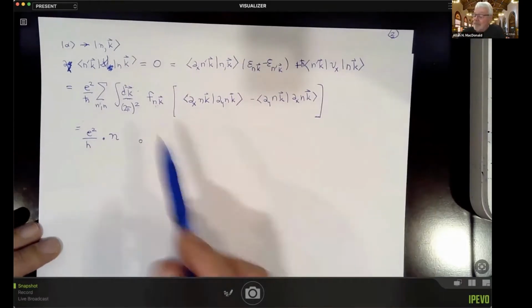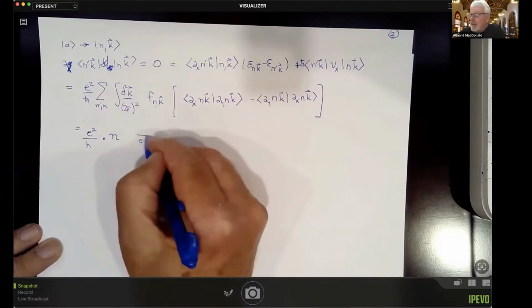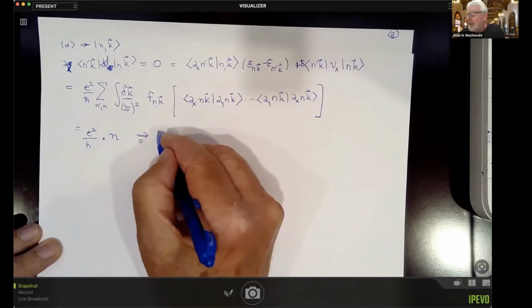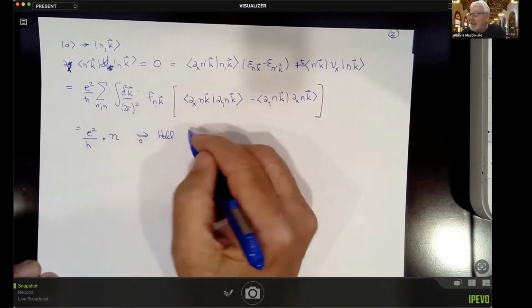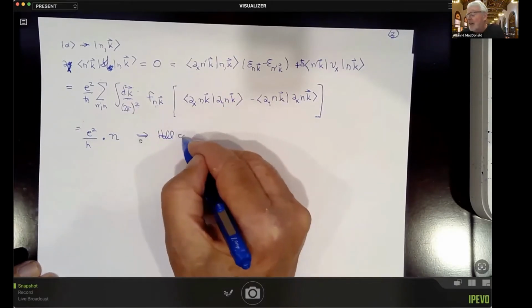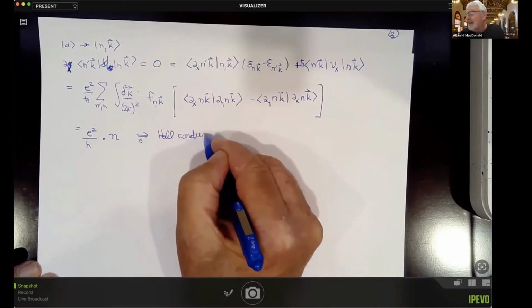So if you have a two-dimensional crystal, as Thouless and collaborators taught us back in 1982, the Hall conductance is quantized.